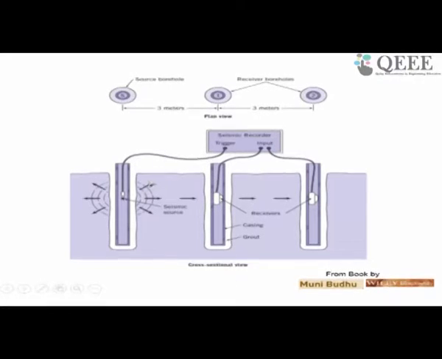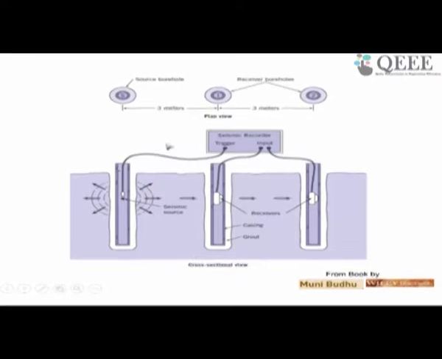So at the same level you are generating the seismic waves and recording, and you know the distance. From this travel time you can find out the characteristics, because different materials have different travel times of seismic waves. If you know the distance, you know the velocity, and with that you can characterize the ground.